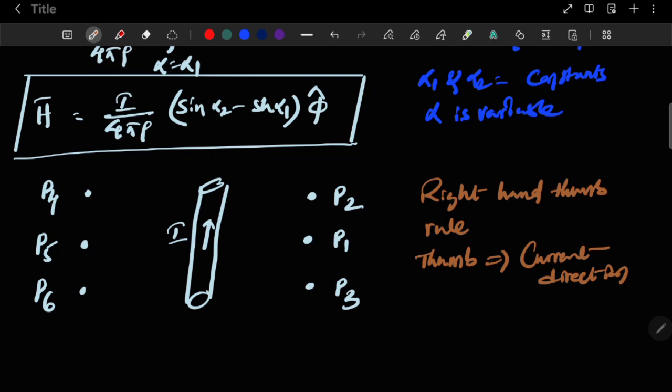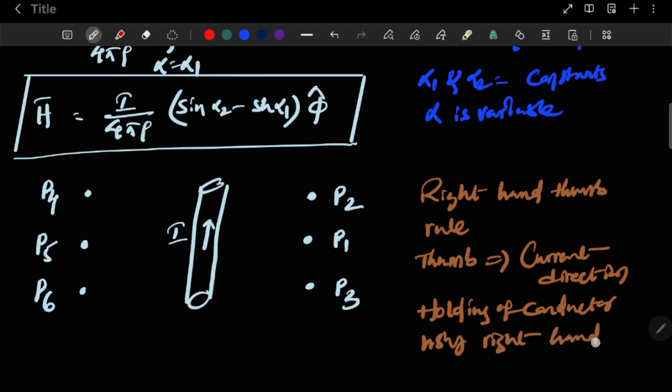And how you are holding the conductor, holding of conductor using right hand, in the direction of h bar.